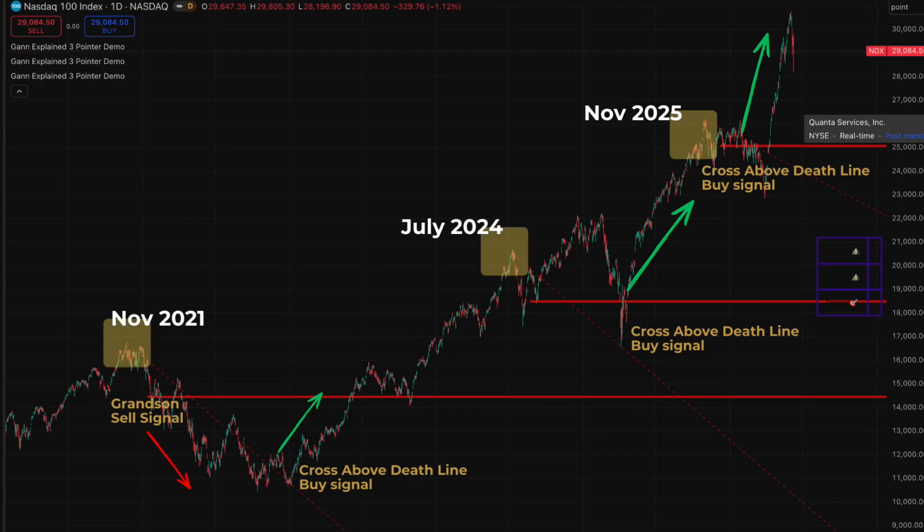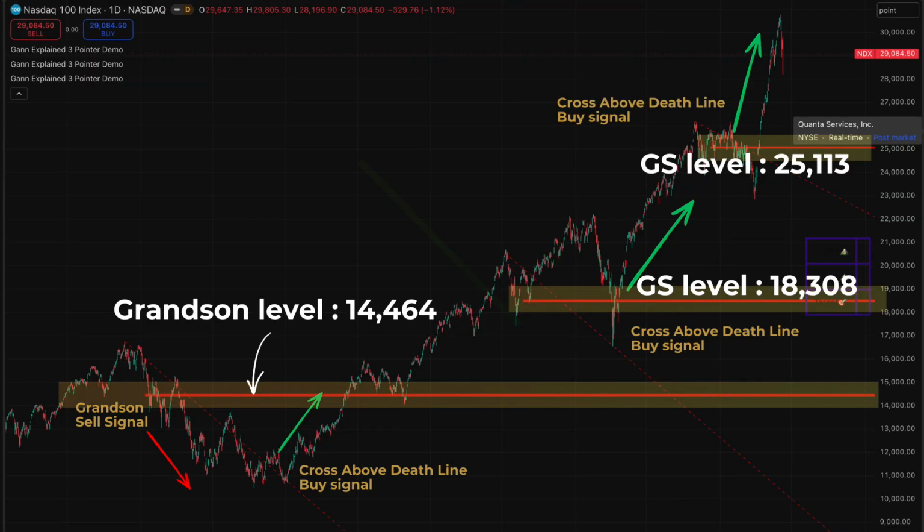This is a Square of 9 grid on Nasdaq. To draw this grid and show you what real market structure looks like, I go back to the previous tops, November 2025, July 2024, and November 2021, and apply the Square of 9 indicator. First, look at the Gann son level. This Square of 9 Gann son level around 14,646, 18,308, and 25,113 are not random.